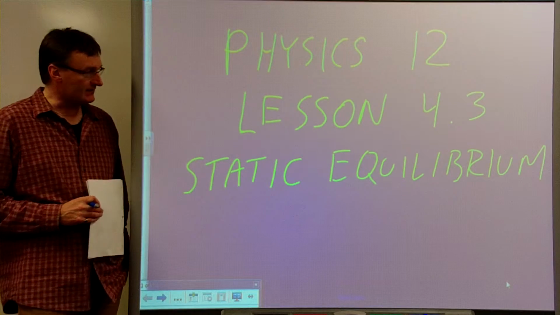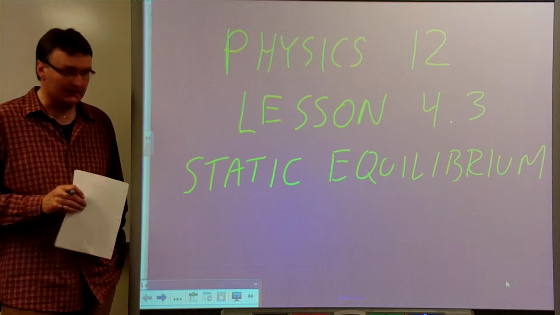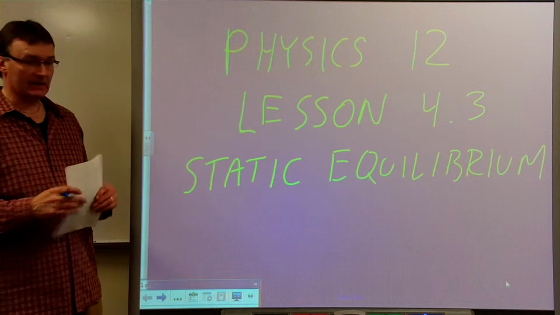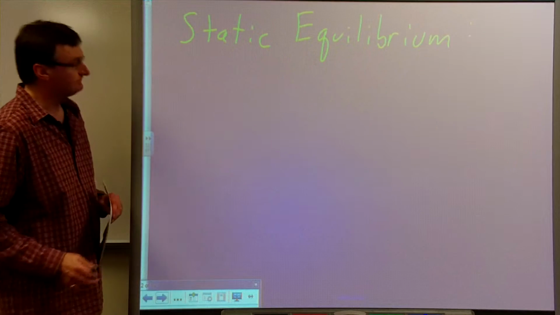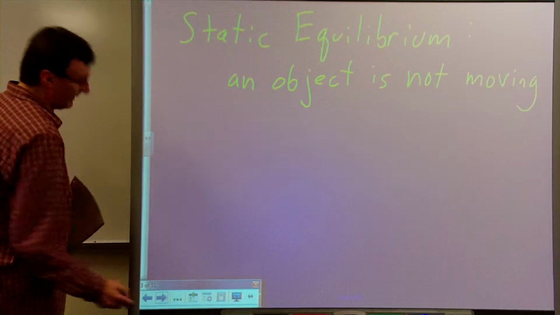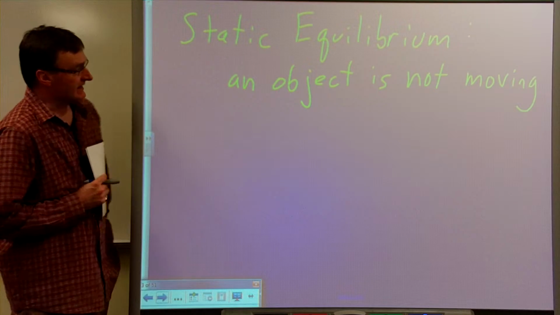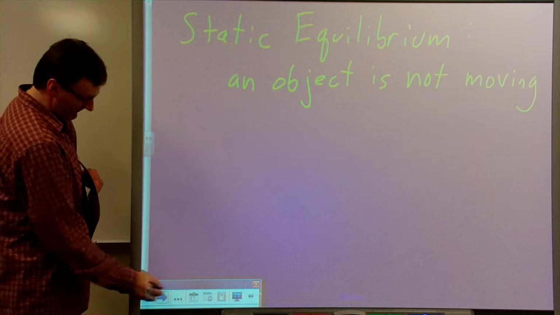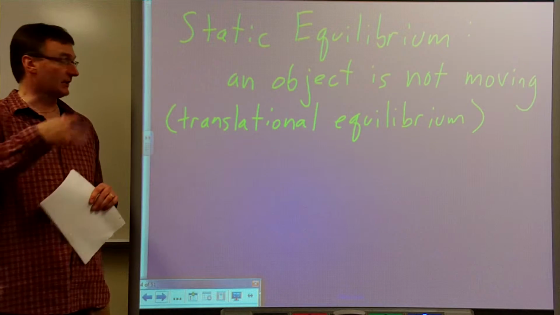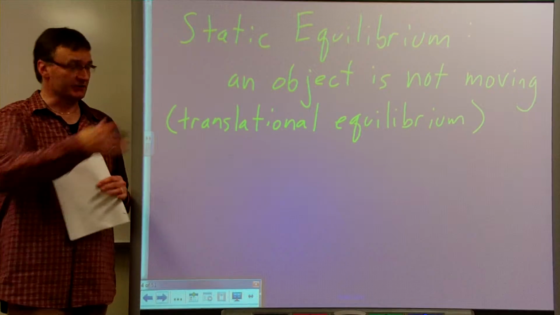Today we're looking at lesson 4.3, and we're going to look at static equilibrium in a little bit more detail. Static equilibrium means that an object is not moving, which we refer to as translational equilibrium. It's just not moving anywhere.